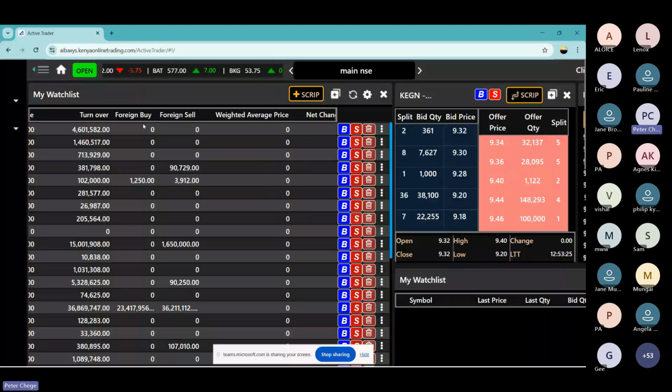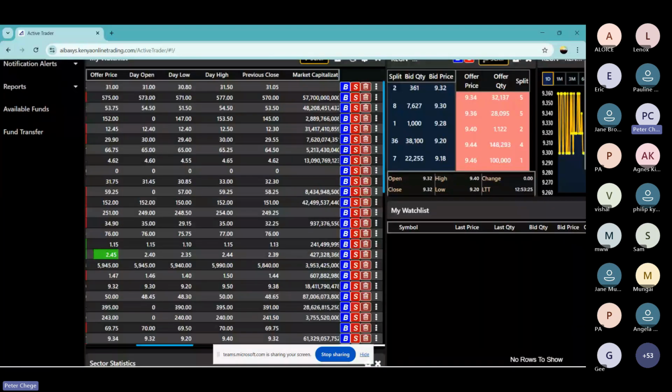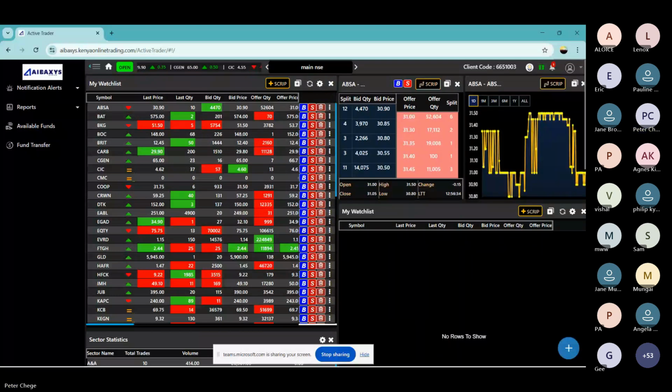Once you identify that, the next thing is now to check the share that you want to buy. Let's say right now I've identified ABSA. I know ABSA, maybe they are doing an innovation in future, but the price is going down.